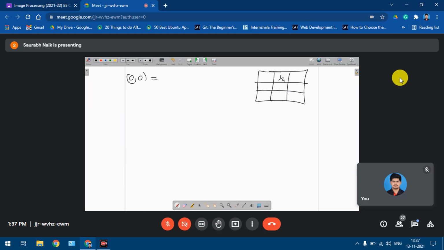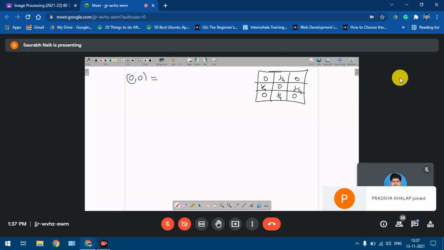So I have 1/4 over here, 1/4 here, 1/4 here, 1/4 here, and the rest are zeros. So whenever you get any kind of convolution operation with an image and the convolution kernel, the way you proceed is you basically place this convolution kernel onto the image at the pixel whose value you want to calculate.